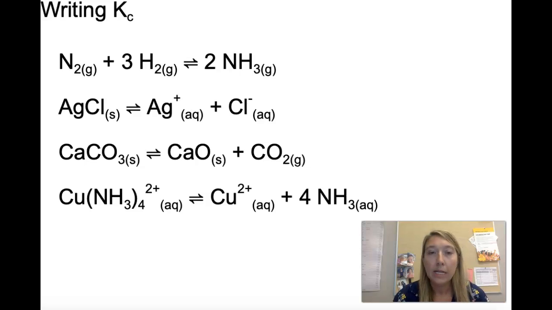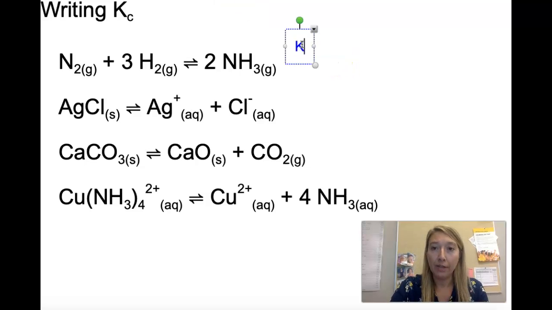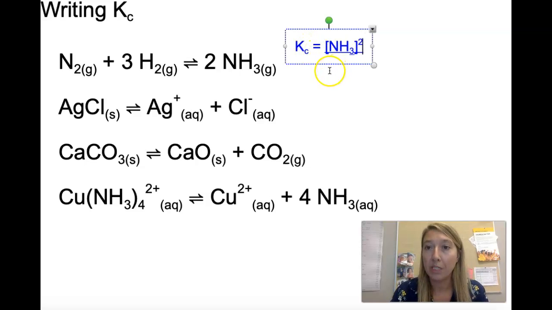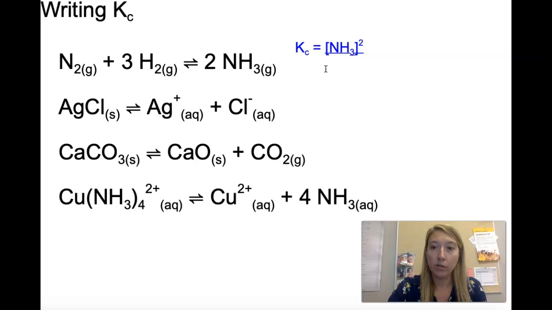Okay, so let's look at some examples of writing some Kcs. The first equation we have is N2 gas plus 3H2 gas to give us 2NH3. So Kc is equal to, we put our products first, the concentration of NH3, and because it was balanced with a 2, that is going to be squared. Then that is going to be over the concentration of the reactants.